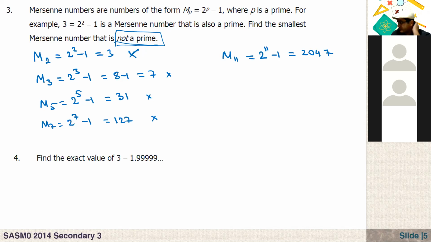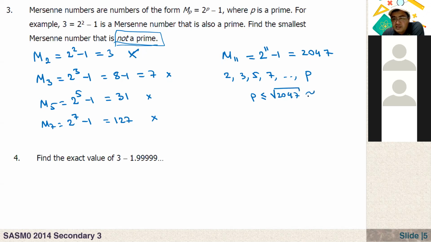Okay, 2047, it's not a prime number. Usually, how do we know if it's a prime number or not? I have to divide by the first prime numbers, 2, 3, 5 and 7, up to a prime number P, where P should be less than or equal to the square root of 2047.